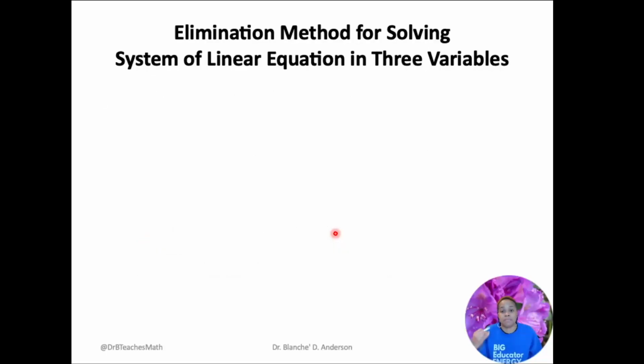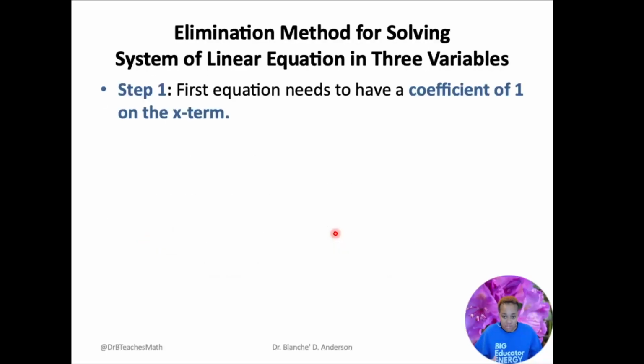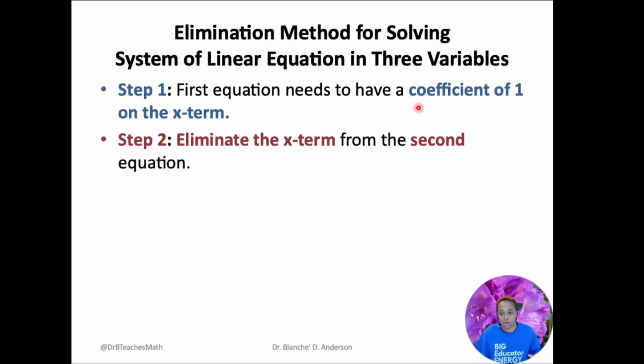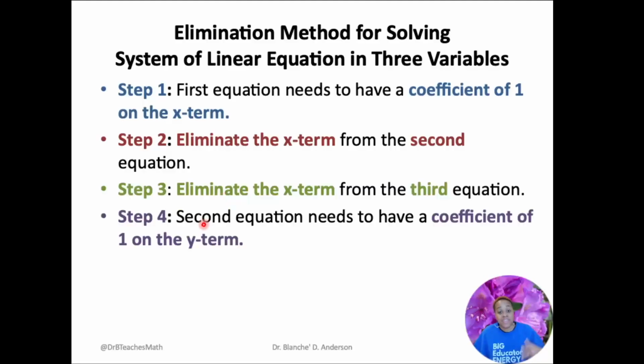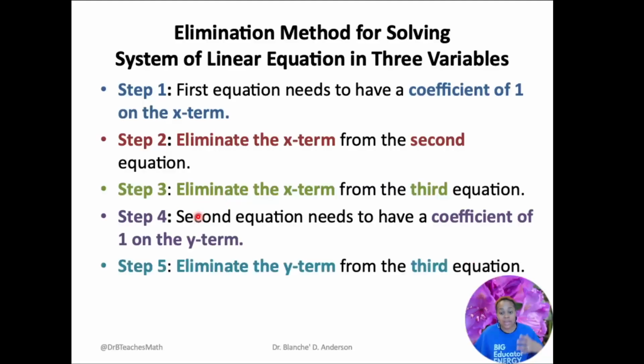So, using the elimination method for solving, the first thing you want to do is the first equation needs to have a coefficient of 1. Then you want to eliminate the x term from the second equation. Then you want to eliminate the x term from the third equation. Then you kind of start over. Now you want your y term to have a coefficient of 1. Eliminate the y term from the third equation.